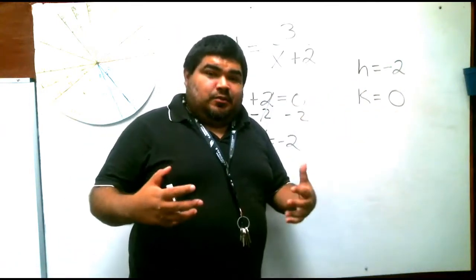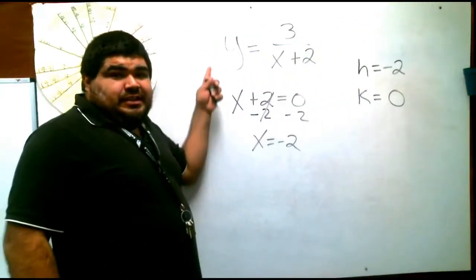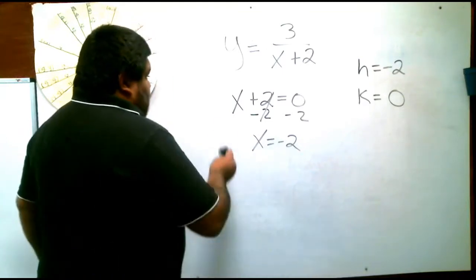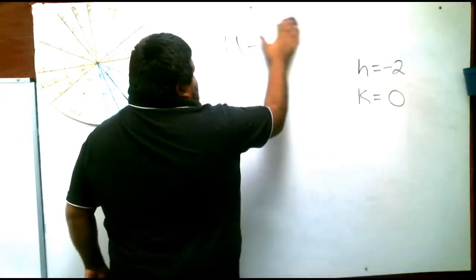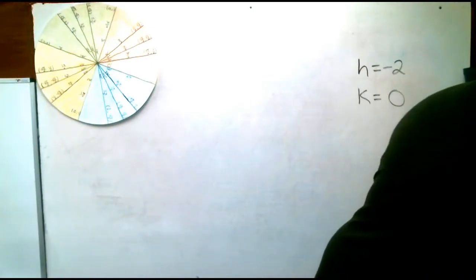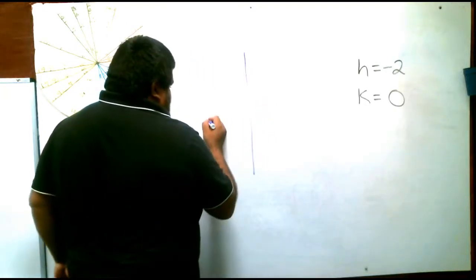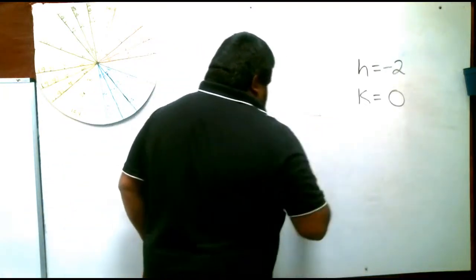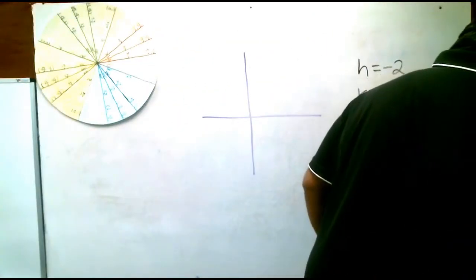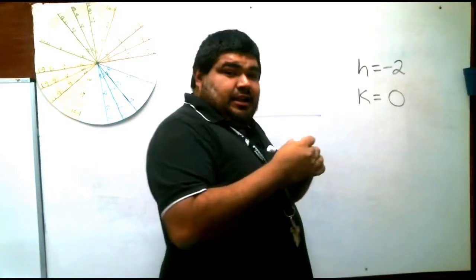So when we graph this equation, make sure you have this little piece so I can erase it so I can do our graph. Now that we have our asymptotes, we're going to put them in the graph. Let's use purple. Let's see which color works better for you guys to see.